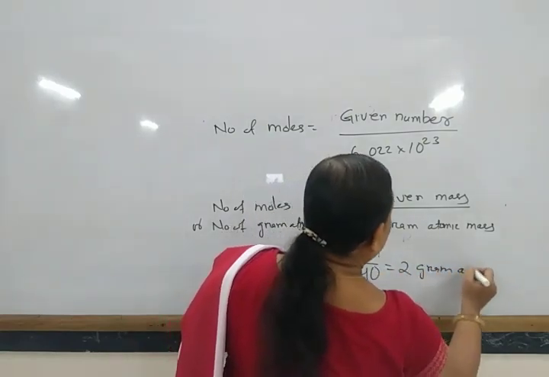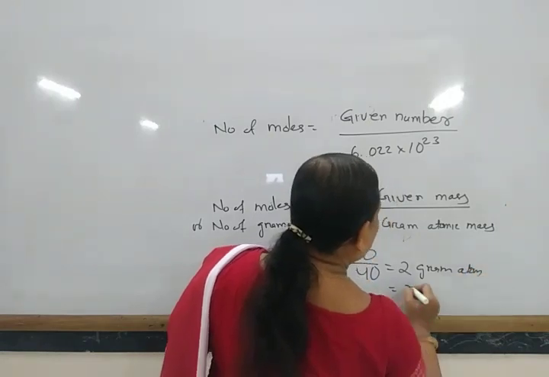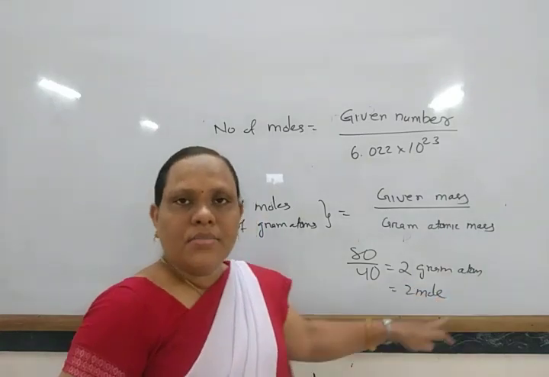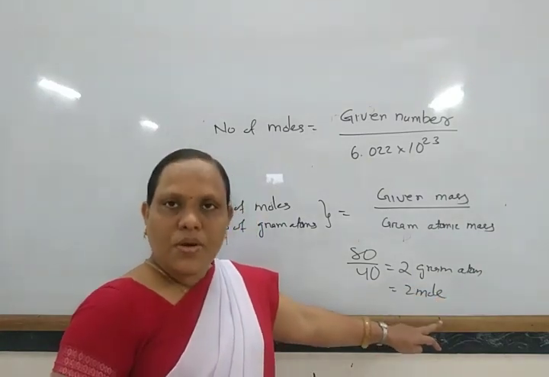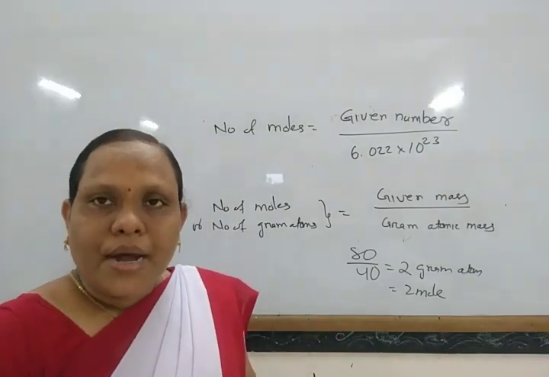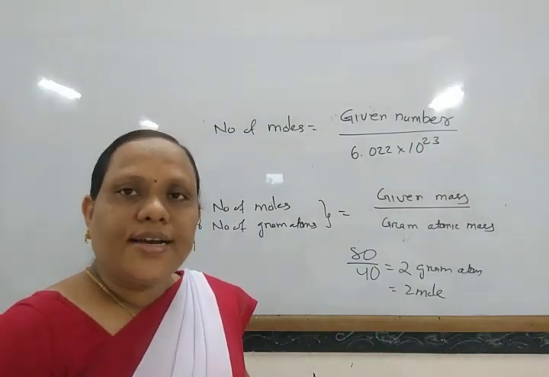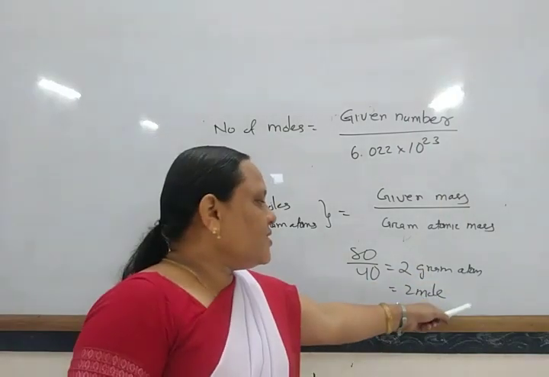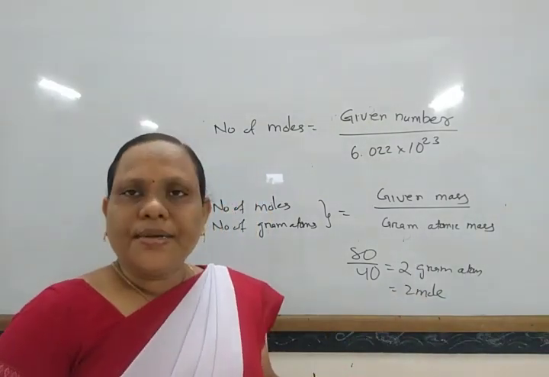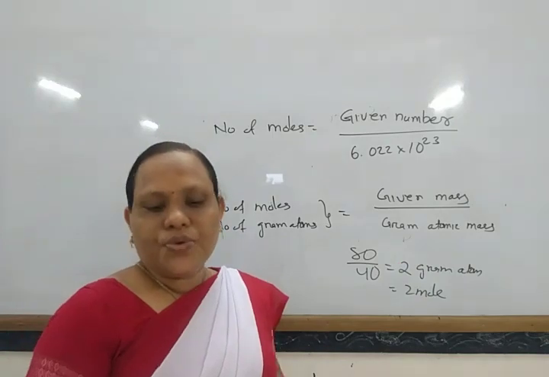We can say 2 gram atom is also known as 2 mole. So gram atom is also known as mole. 2 gram and 2 gram atom are different things: 2 gram atom means 2 mole, and 2 gram means the weight is 2 gram.